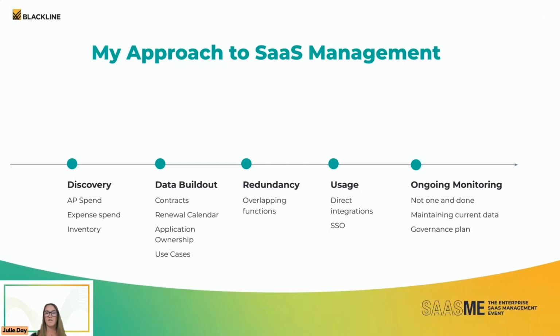So now reporting has become part of my ongoing monitoring, being able to quickly pull a report on applications and usage rather than having to pull 5 or 10 reports from different places.